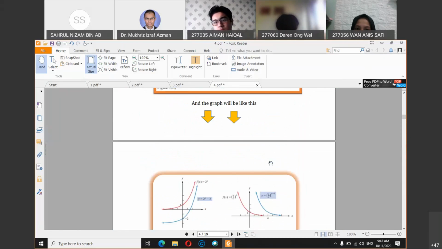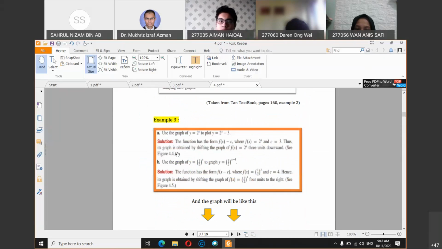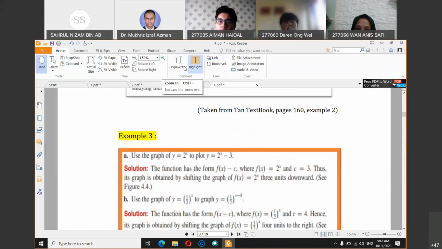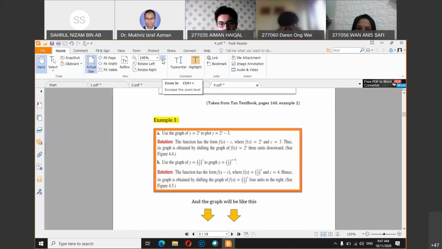So at the end of the day, it is the skill of copying. If you copy and paste from the Word file, make sure before you copy and paste that you enlarge the original page in your PDF browser like Foxit. If you put the zoom size very small, then when you paste into the Word file, the picture will look very small as well.